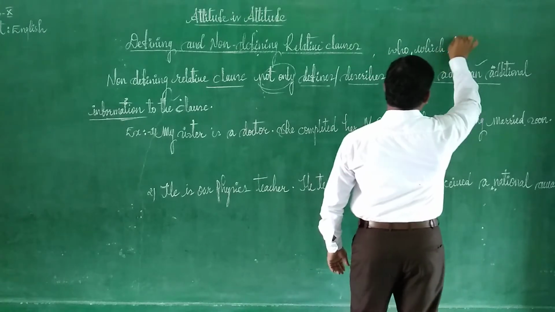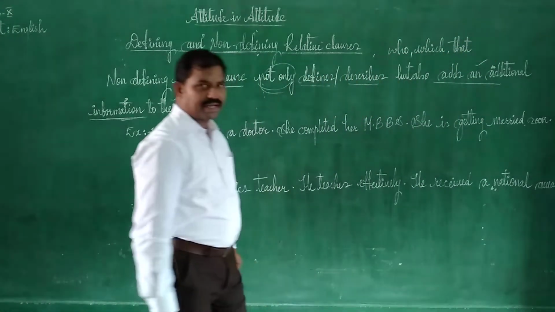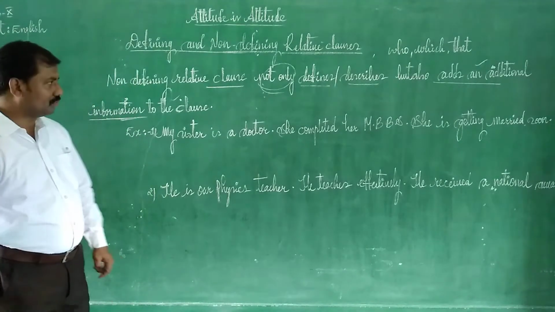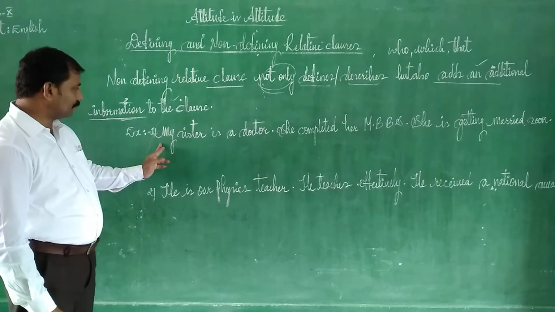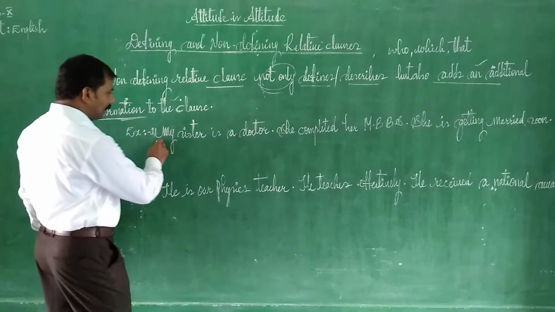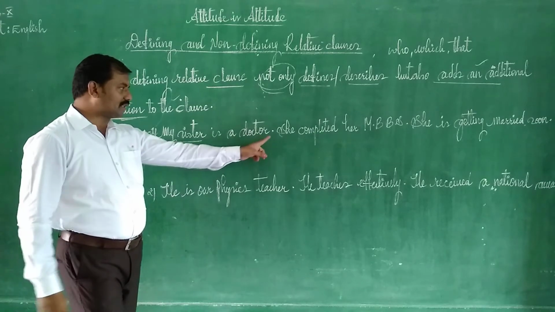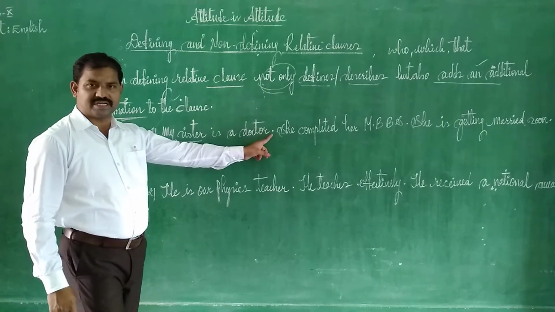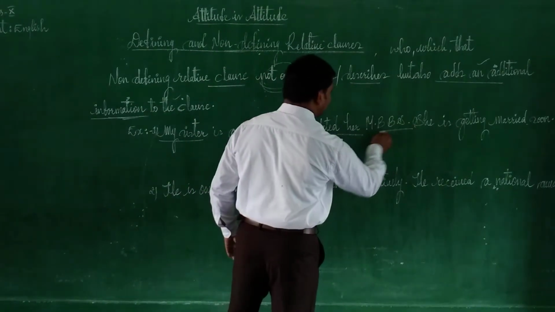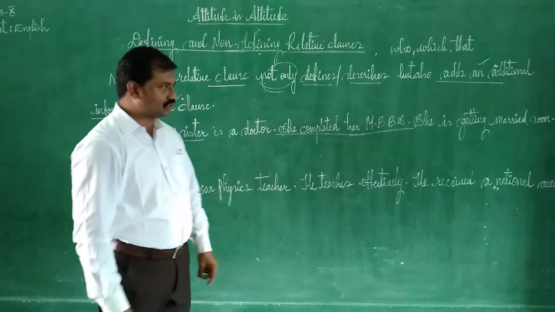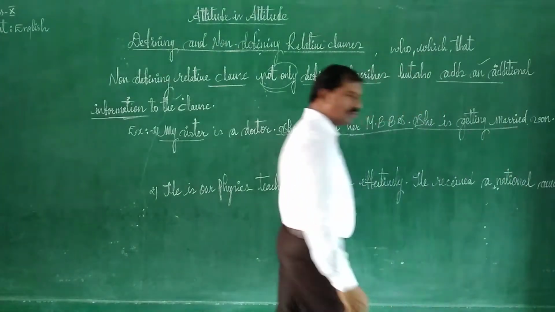Keeping that in knowledge, let us get into the example sentences here. My sister is a doctor. This is sentence one, completely given with a full stop, so it is concluded. Second, she completed her MBBS. This is the second statement. And third, she is getting married soon.